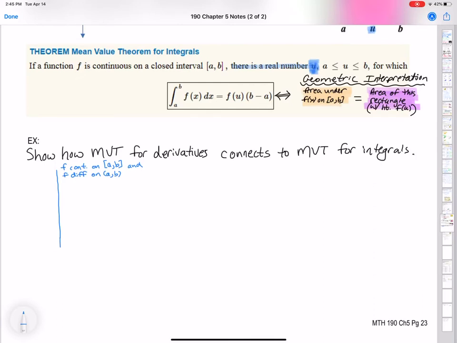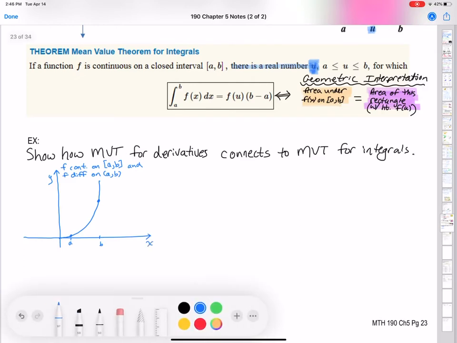All right, and so if we had some sort of a function here, let's say, and suppose this is a right here, and maybe over here is b. And so what the mean value theorem said is that there had to exist some value c.